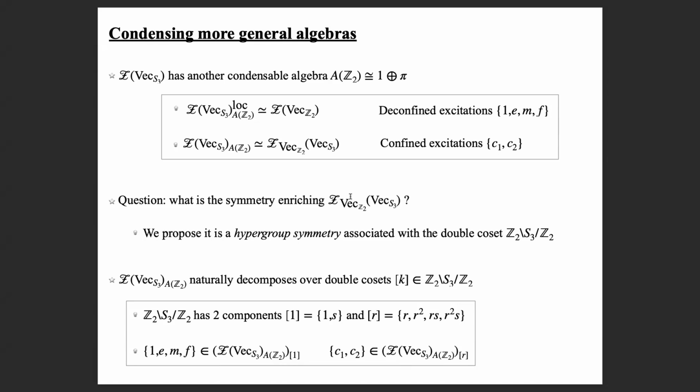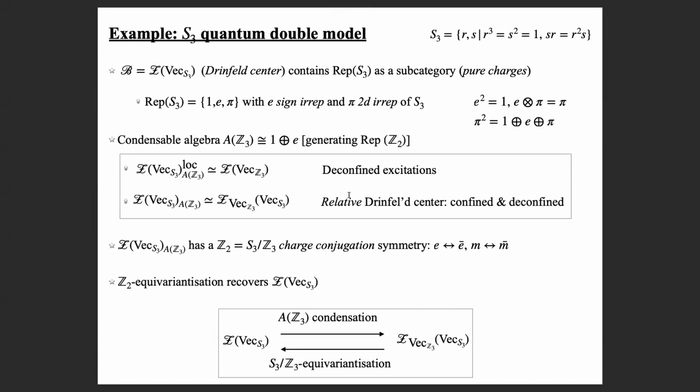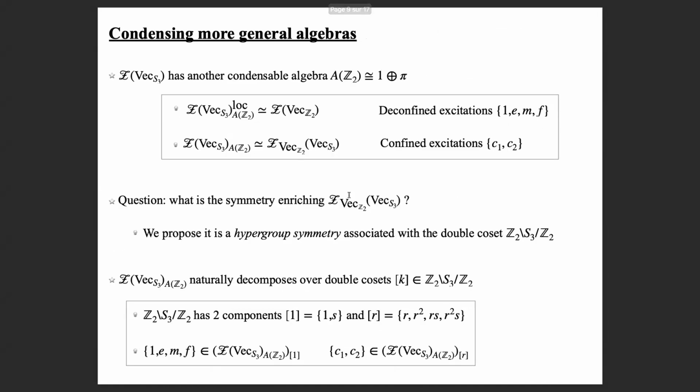And the question is, what is now the symmetry in this topological order we obtain after condensation? In the same way, before we had this C2 charge conjugation symmetry coming from S3. What we propose is that this is a hypergroup symmetry, which is associated to taking the double coset of S3 by Z2, which is a non-normal subgroup. And the first thing to notice is that this topological order we obtain after condensation naturally decomposes over these double cosets.